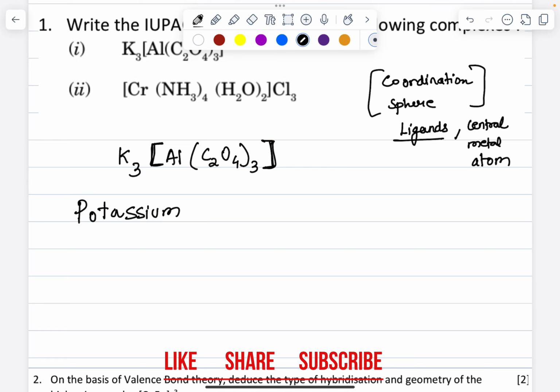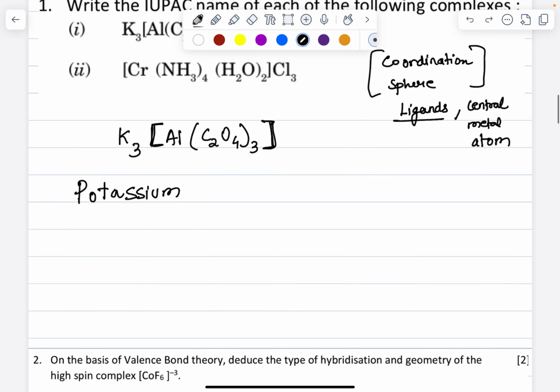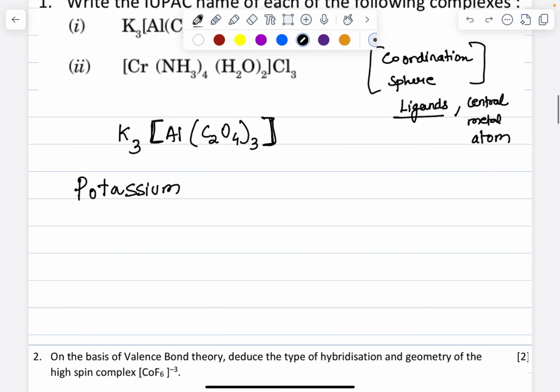If there is more than one, then we name the one which comes first in alphabetical order. Over here, there is only one ligand, which is oxalate, and since it is a negative ligand, we call it oxalato. How many are there? There are 3 ligands like this, so trioxalato.